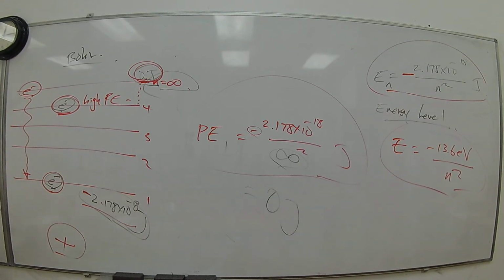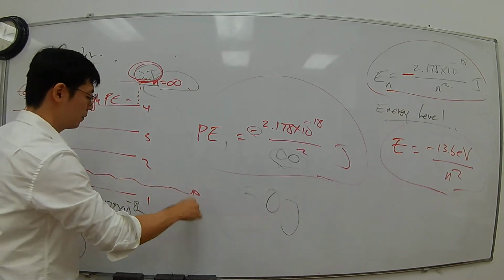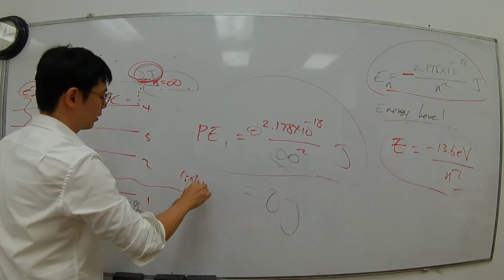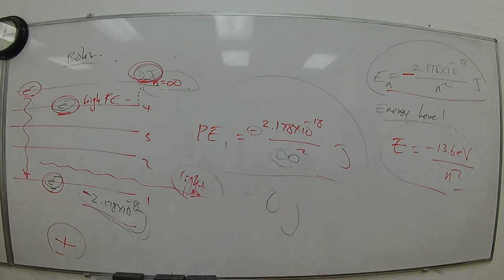What happens? It gives off light, electromagnetic radiation equal to the amount of energy lost by the electron.